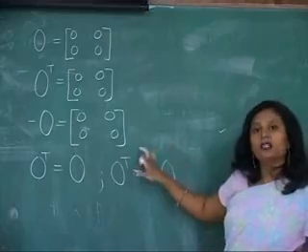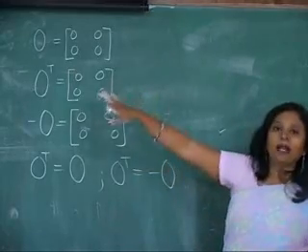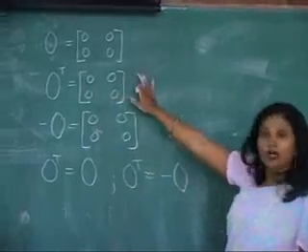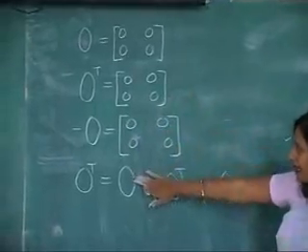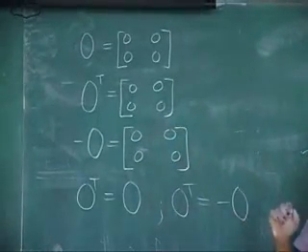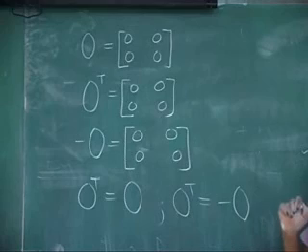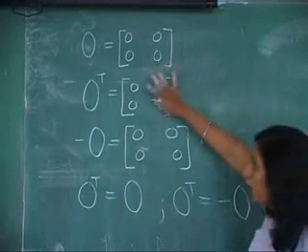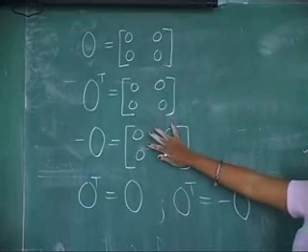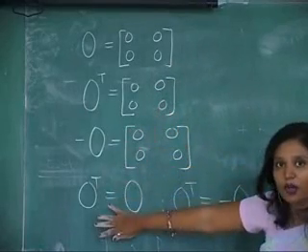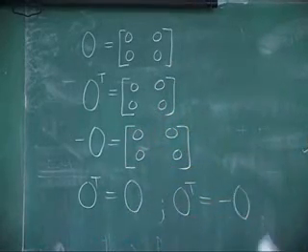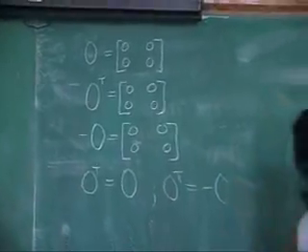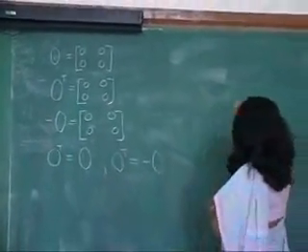So if you take this square zero matrix of any order, it will be both symmetric as well as skew symmetric. What is very surprising is that this is the only such example of a matrix which is symmetric also and skew symmetric also. Let's see a quick proof of this.